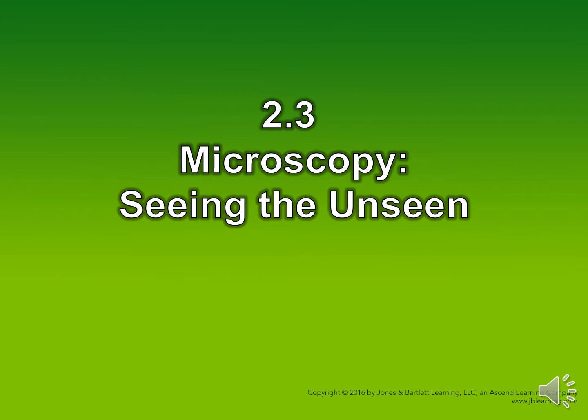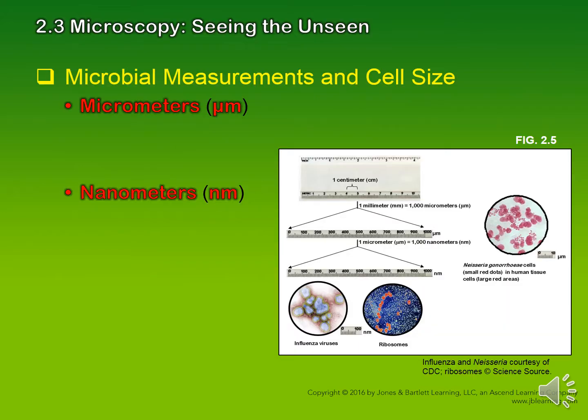Okay. You might remember that I introduced in the last lecture that a microbe was anything that can't be seen without the use of a microscope. Okay, and so there's been a very close relationship between the development of new and better microscopes and discovering more and more microbes. Okay, so in general, when we are talking about the microbial system, we're looking at micrometers.